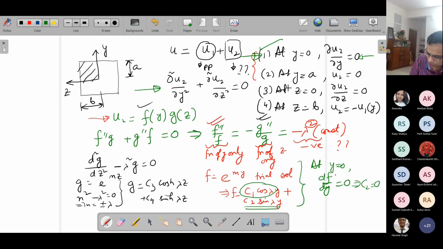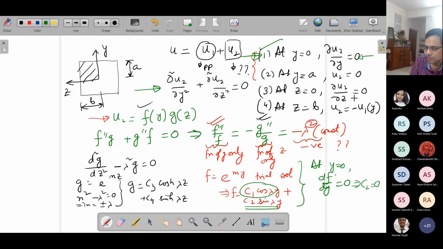Let us go to number 3, very similar for Z. So at Z is equal to 0, this will give dg dz equal to 0. And G is cos h and sin h combination.